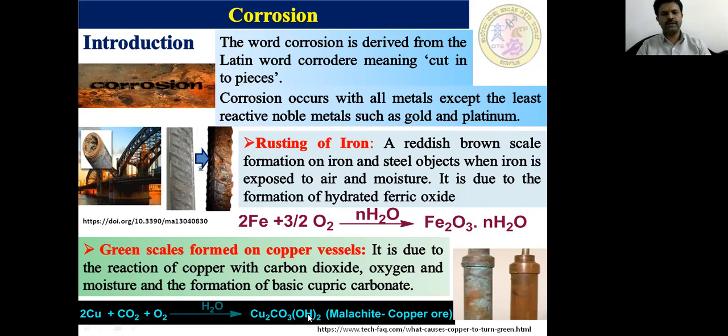This is the composition of one of the ores of copper, that is malachite. So here the pure copper, when exposed to atmosphere containing oxygen and moisture along with carbon dioxide, the pure metal is converted into compound state. That means it went back to the ore form, that is malachite.